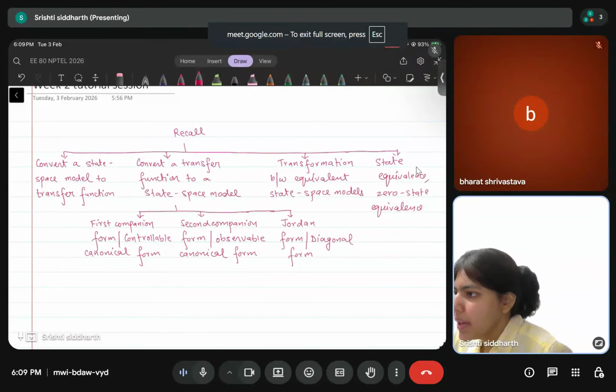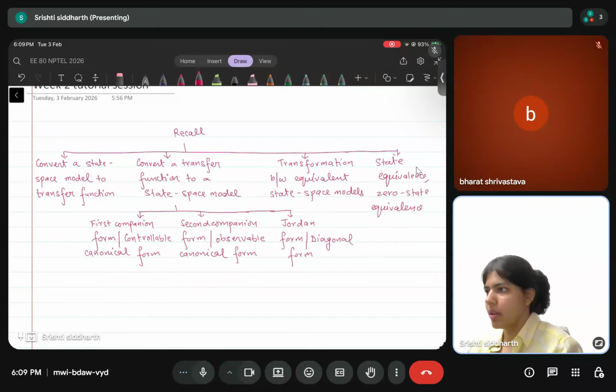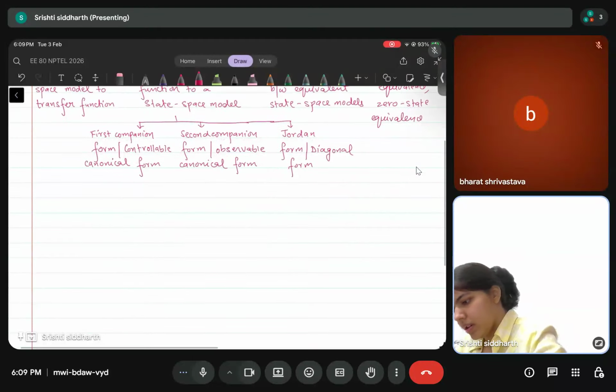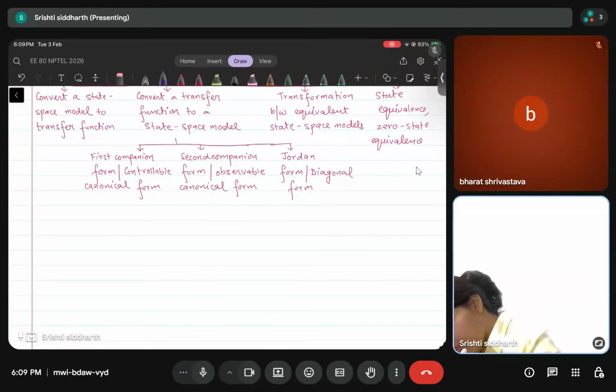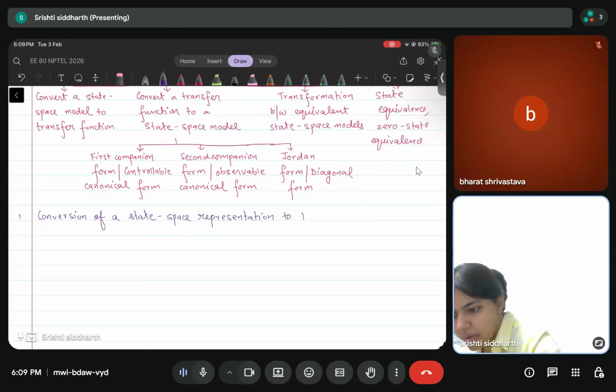All right, so let's begin. The first topic is conversion of a state space representation to a transfer function.